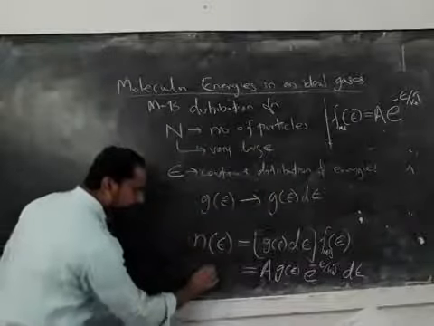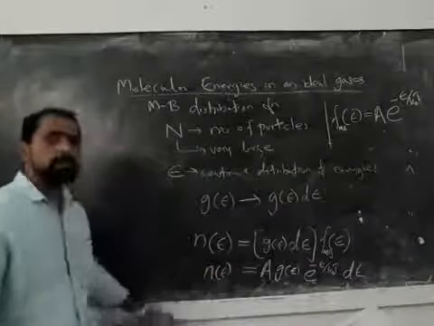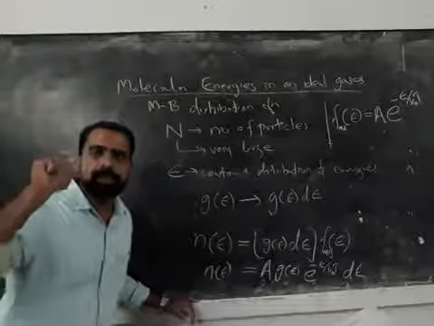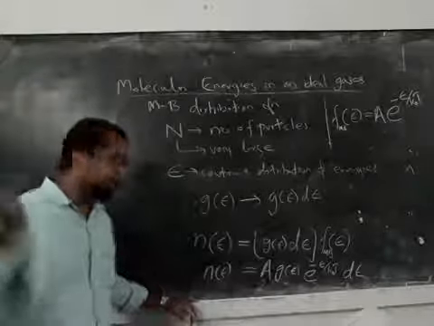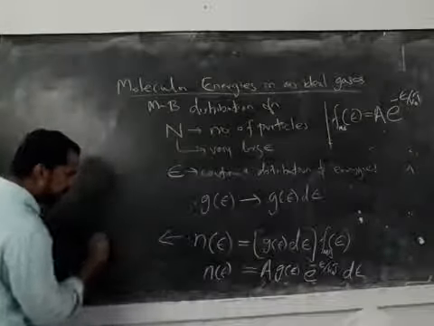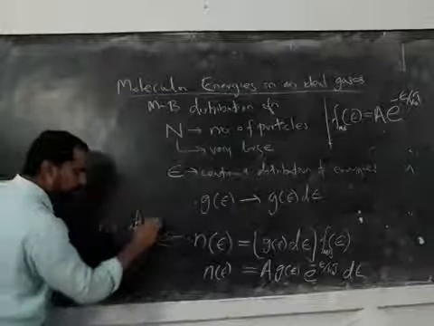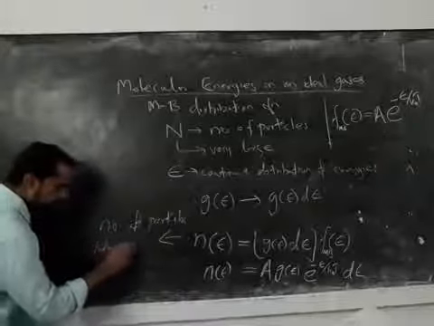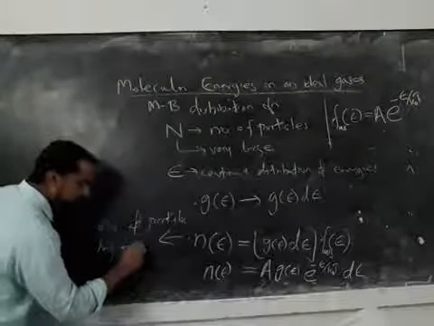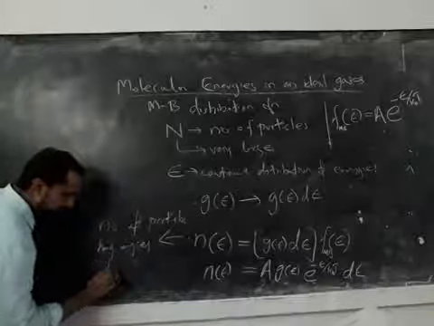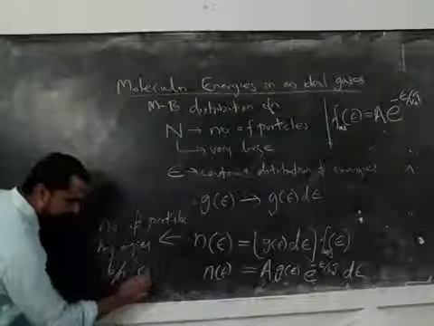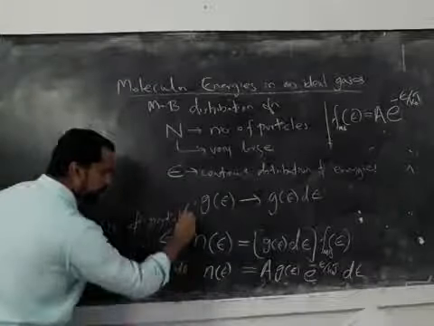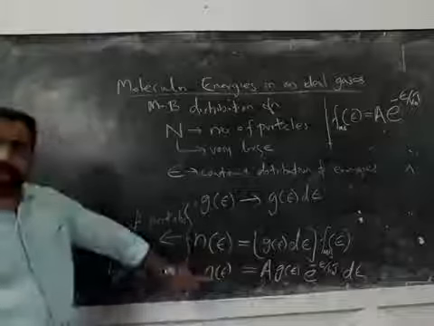So this is the number of particles or molecules in the ideal gas having energies between epsilon and epsilon plus d epsilon. So you have to remember this is the number of particles having energies between epsilon and epsilon plus d epsilon. Okay, so this is the n of epsilon.